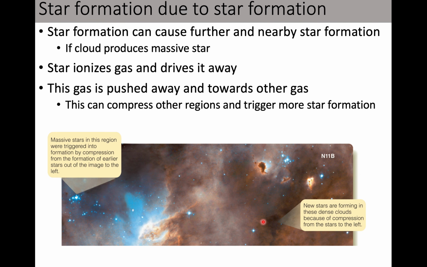So compression in other regions is going to cause even more star formation. So it can be sort of like a domino effect, where the formation of stars in one area of the cloud causes motion of the cloud itself, which will then cause compression in another region of the ISM cloud, causing even more star formation.